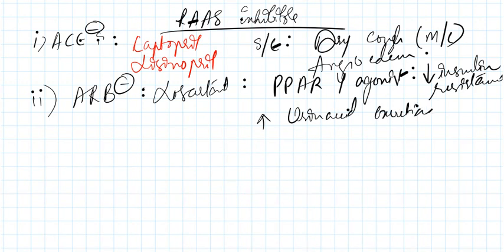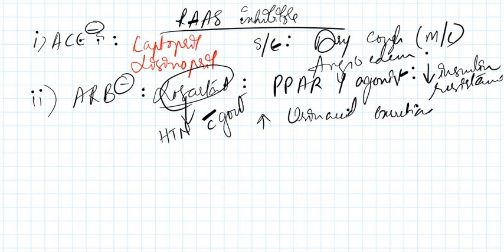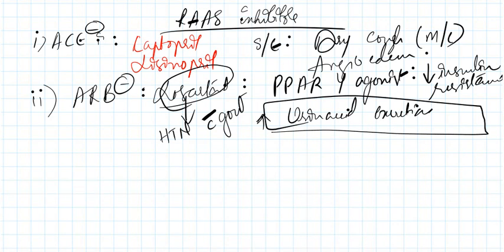So this is the reason losartan is used in hypertension associated with gout. Why? Because it helps in excretion of uric acid. And one more use of losartan is it blocks thromboxane A2.